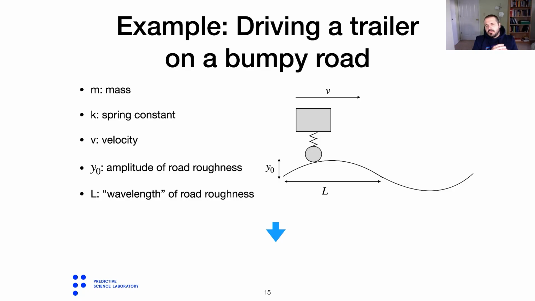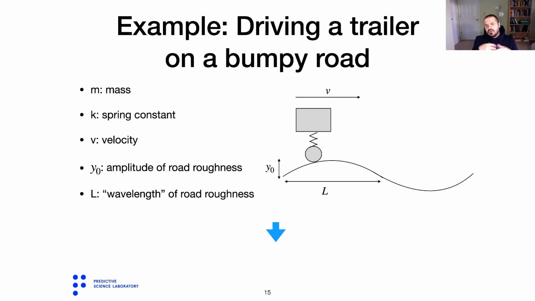Now v is going to be the velocity with which the trailer is traveling on the bumpy road. y naught is the amplitude of road roughness. Here we're going to assume that the road goes up and down in a sinusoidal way, with y naught being the amplitude and L being the wavelength of the road roughness.